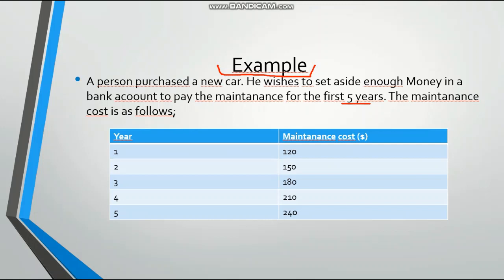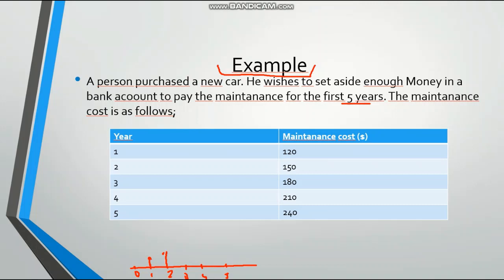When you see this one, maybe we need to write down a cash flow diagram. When you buy the car, it doesn't cost any maintenance. So after the first year, when he has used it, he needs to pay, and the second year he needs to pay, third year, fourth year, and at the end of the fifth year he needs to pay.